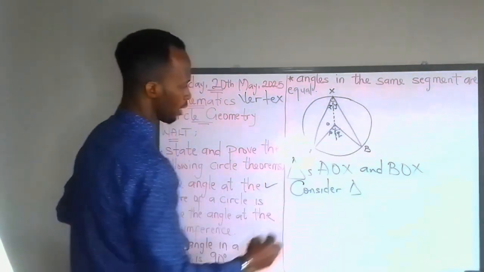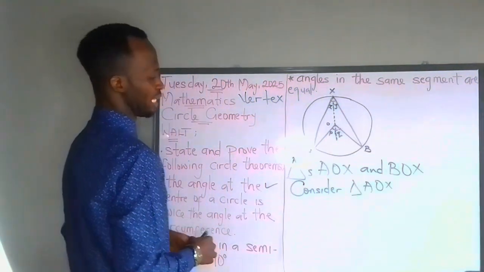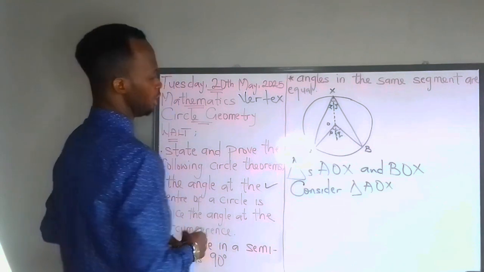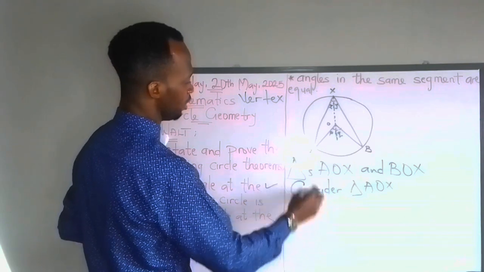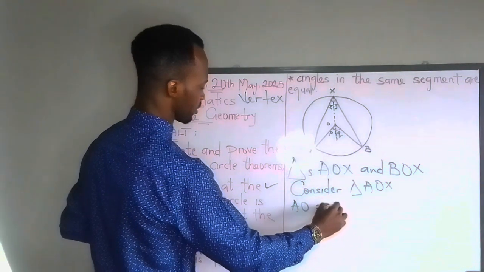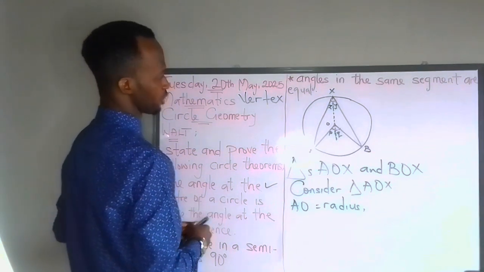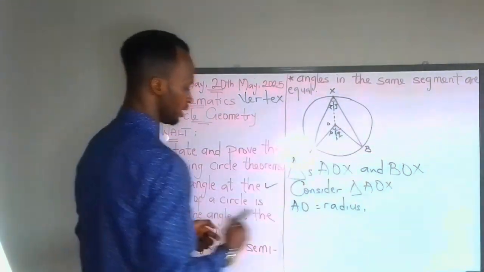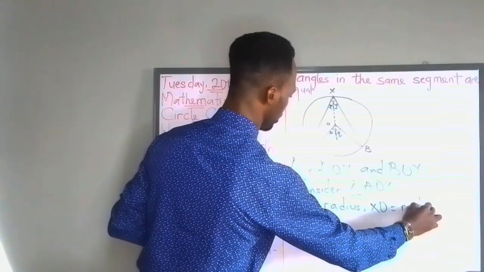So let's consider triangle AOX. You see that AO is radius. You also see that XO is also radius.